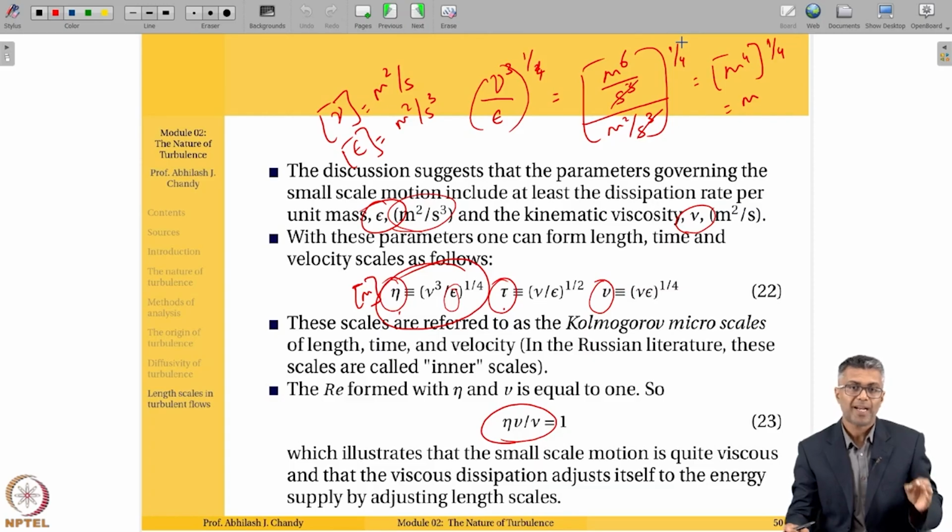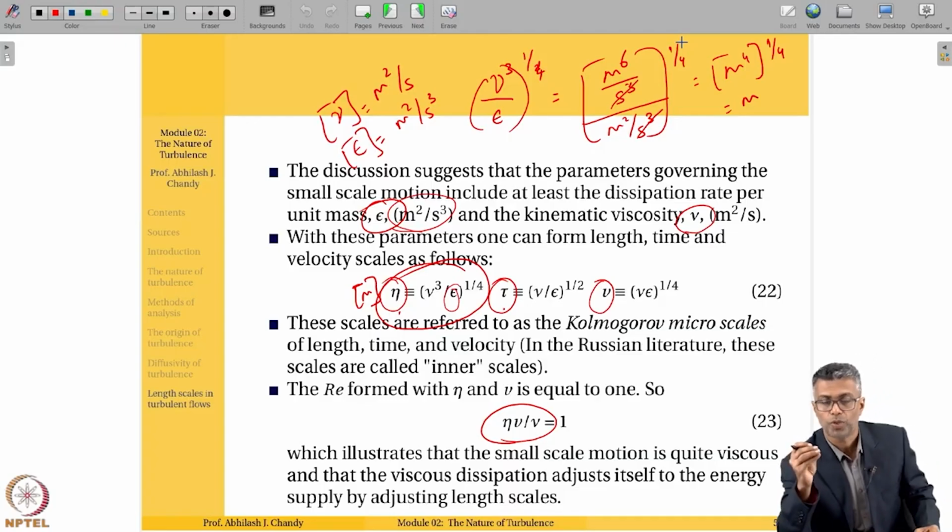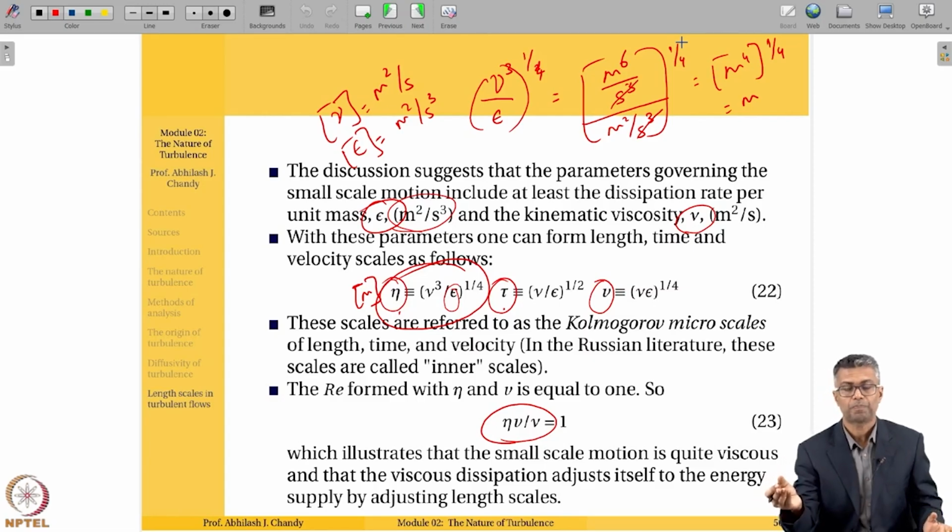So Kolmogorov argued that as large length scales break up into small length scales, the time for which the small length scales stay before getting dissipated by viscosity is very short due to the small time scales.